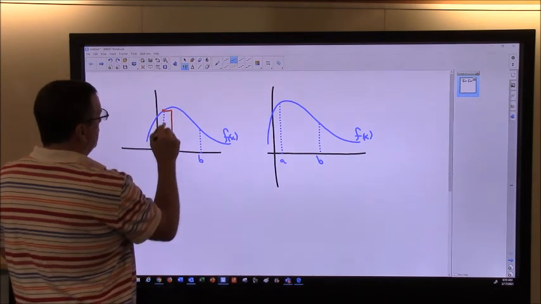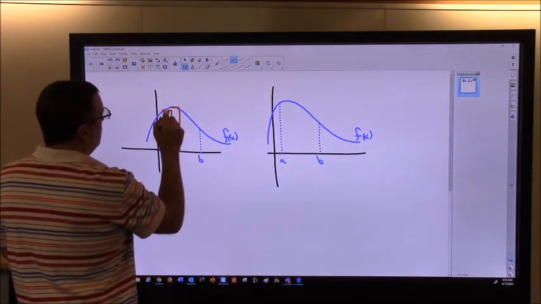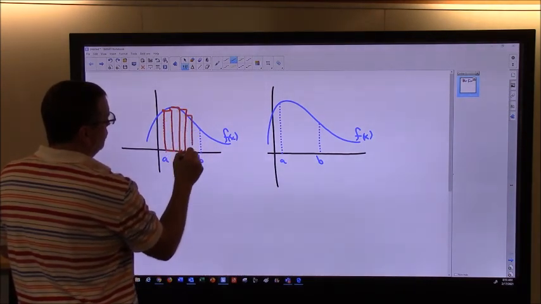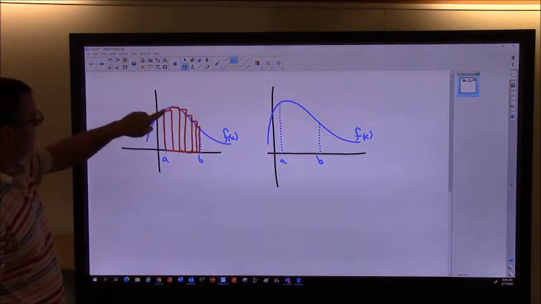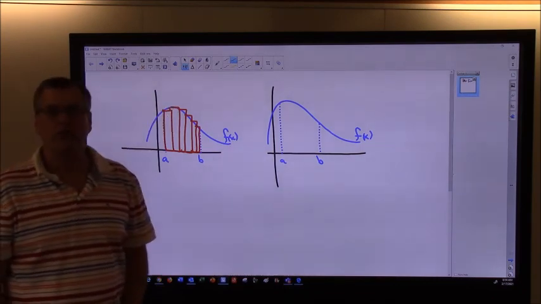Let's say I've got a rectangle right here, and then one right here, and then right here, and so on. And we can see here that we're not really getting the right answer because I missed some area here, but I added a bunch of extra area over here on this part.